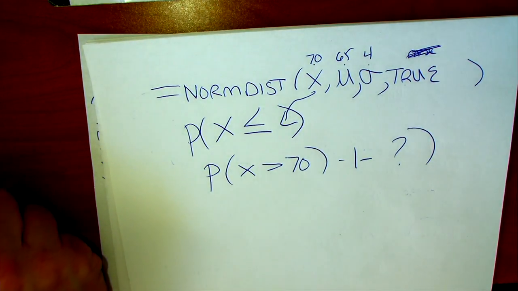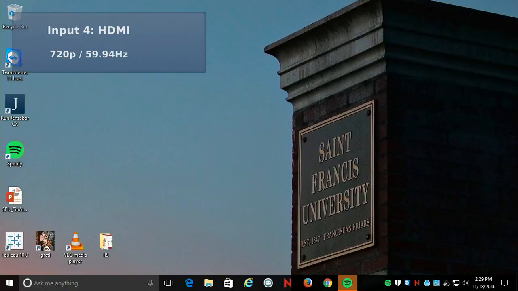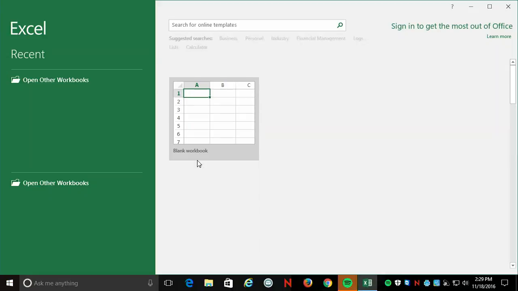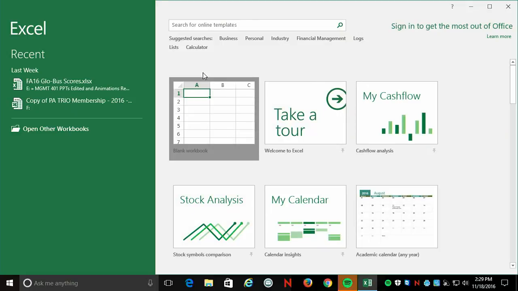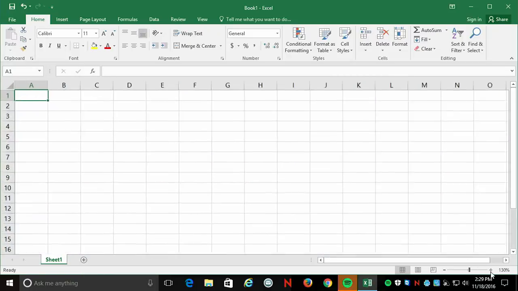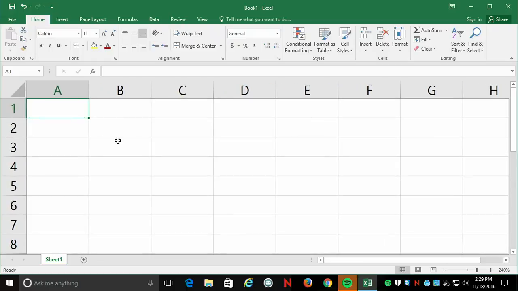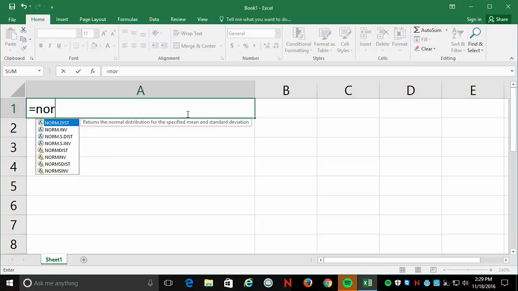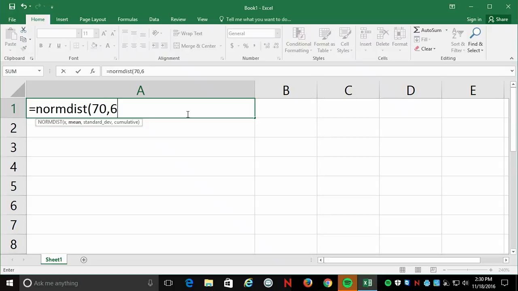So I'm going to do the same thing with Excel. Let's go over to Excel, pull up a blank workbook, make it big so we can see. I'm going to type in equals NORM.DIST. See, it wants my x, 70. It wants my mean, in this case 65. It wants my standard deviation, which is 4. I said I'm always going to use true.